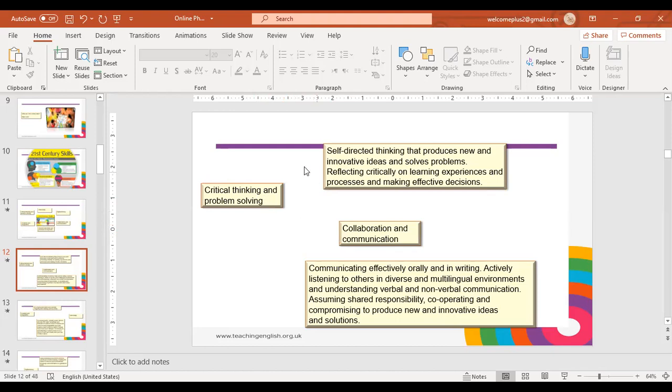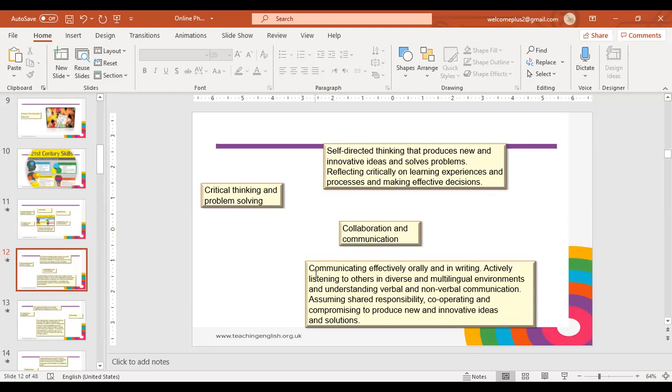So, as for self-directed thinking, is it critical or collaboration? What do you think? First one, critical thinking, because of the word self-directed, and reflecting critically.